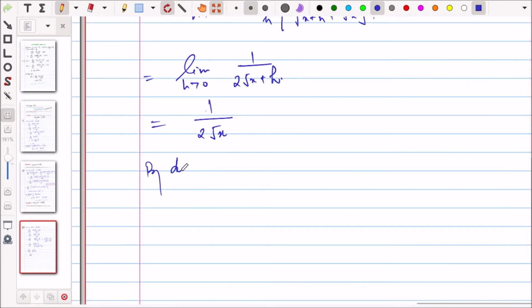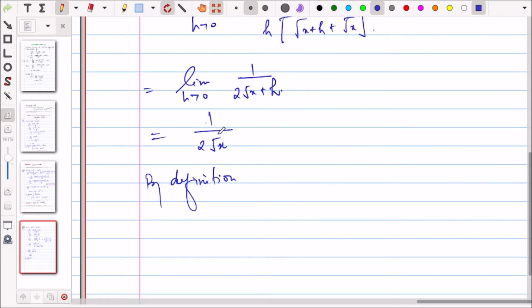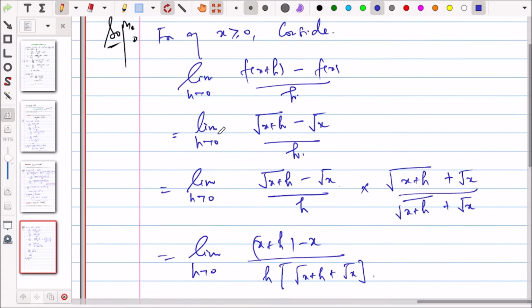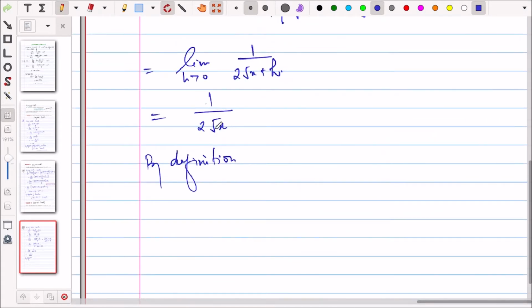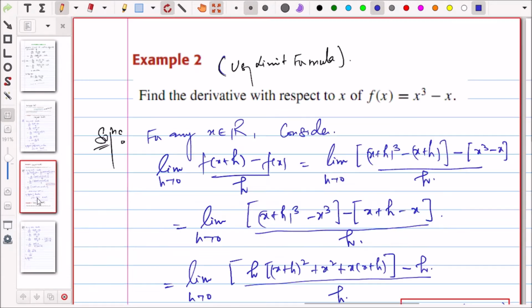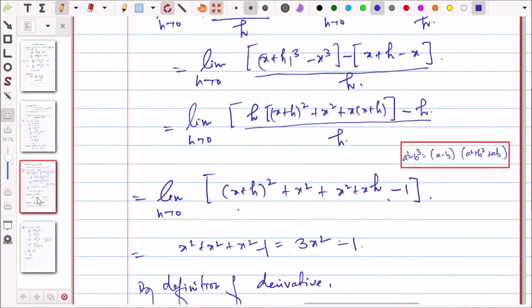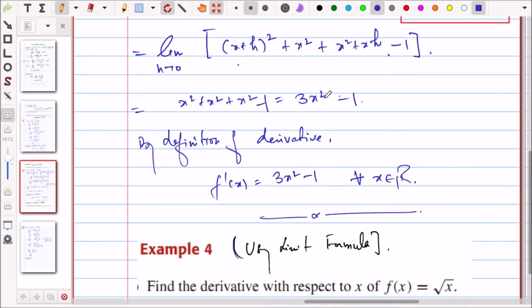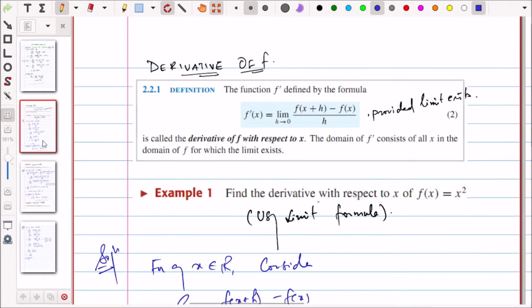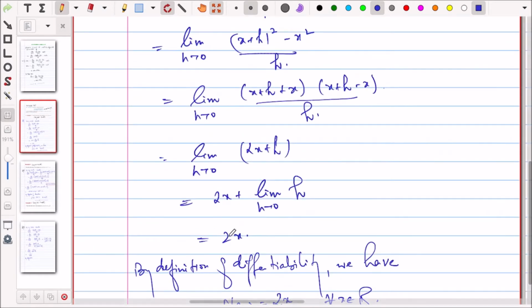So by definition, where is this defined? For which values of x is this defined? This is defined for all values of x which are positive, right? So in the earlier example, this limit exists for every real number.